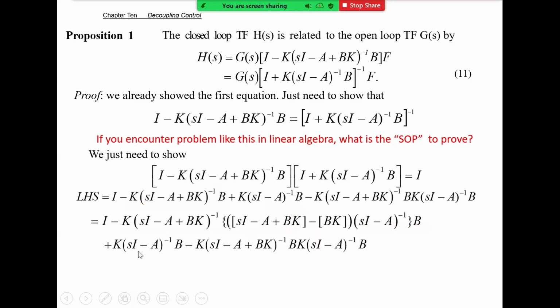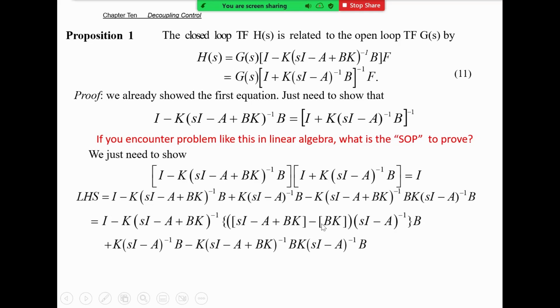Okay, you copy those two terms. Done. Now it should be clear how those two terms can be cancelled out. The first term is just this one: the inverse of this matrix times this matrix will be the identity matrix, times the inverse of sI minus A, which corresponds to this matrix being cancelled out.